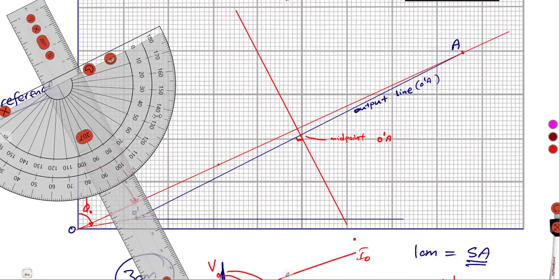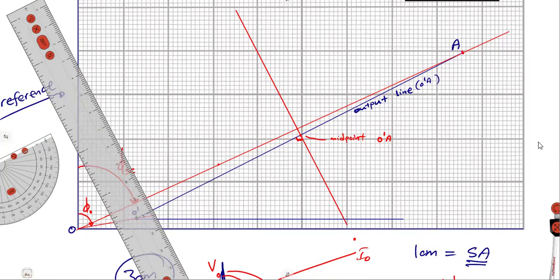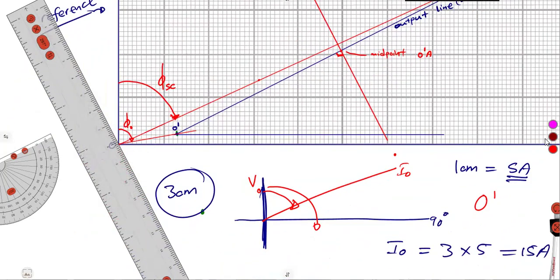But we are worried about what? The point C. Remember, we want to have the point C. So to have the point C, we are saying where that bisector meets the referred line, this one, of O bar, where these two meet, that is where we are going to say we have got our point C. So that is our point C here.